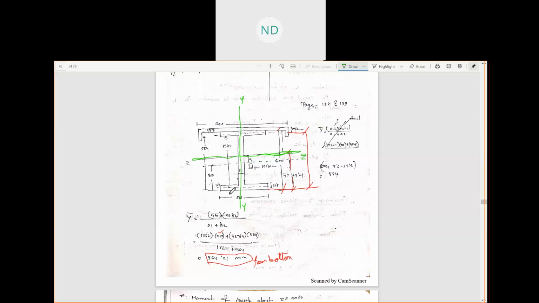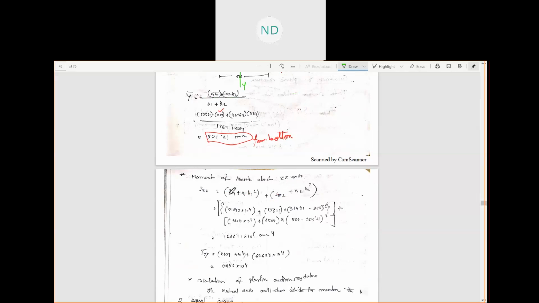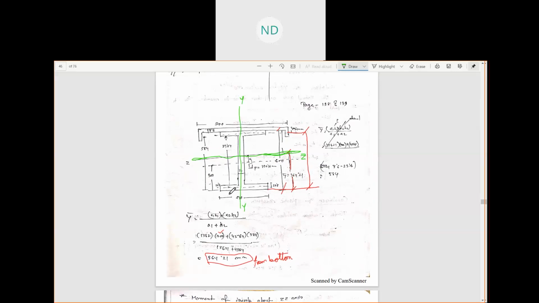Now let's find the moment of inertia about the z-axis. It will be the moment of inertia of this I section plus the moment of inertia of this channel section.